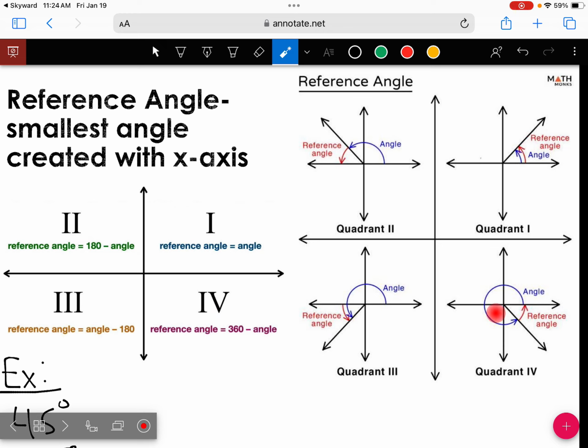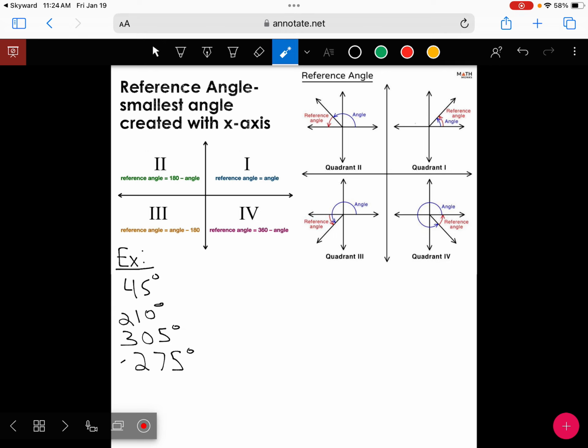Let's say that's 315 degrees. The reference angle would then be 45 degrees. Any questions on that before we get started with the examples? No? Good. All right.